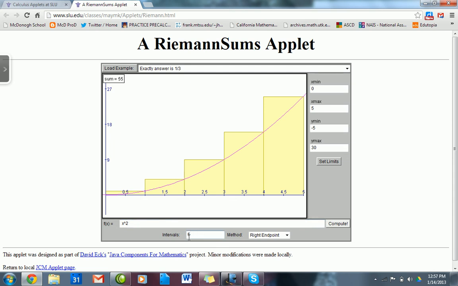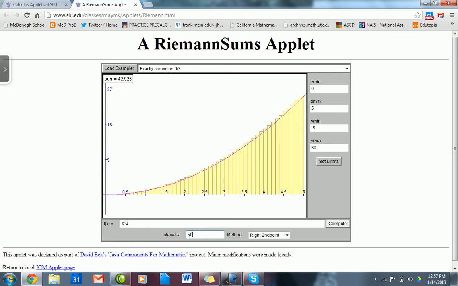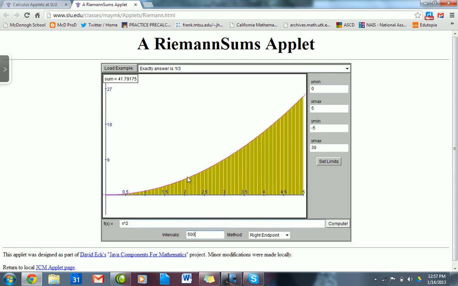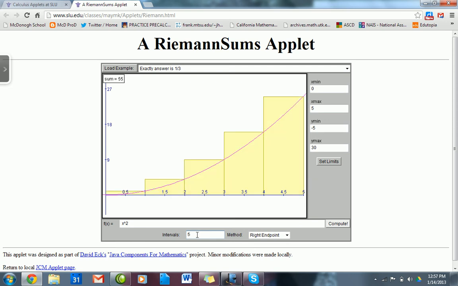Well, what if we used 50 rectangles? Oh, we get a much better value, 42, almost 43. What if we use 500 rectangles? What if we use 5,000 rectangles? As we add more and more rectangular areas together, we get a better approximation than if we were to just use 5 rectangles, right?